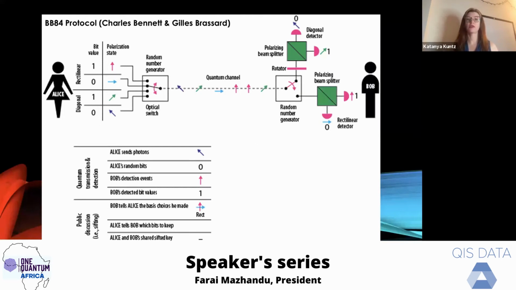So sometimes you're going to throw away some of these signals. If they choose different bases randomly, then you just have to throw away those signals. But remember, this is not the message. This is just trying to build up the key. So you're allowed to throw stuff away. It's not throwing away the message. You're just building up a key.